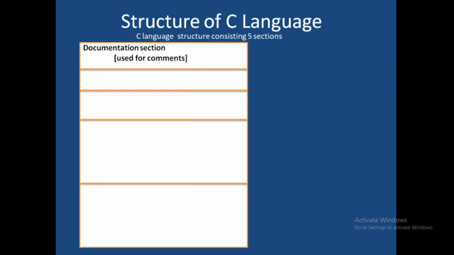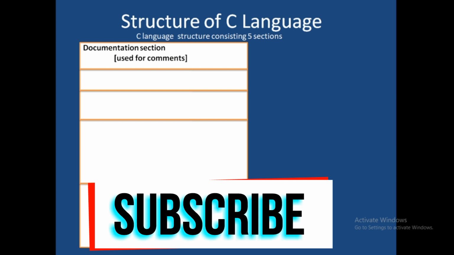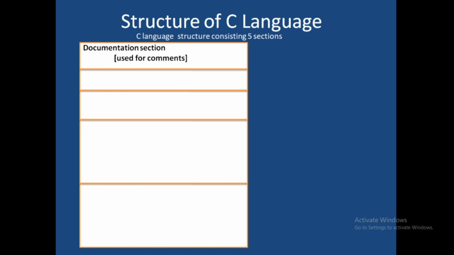We use this section to describe the C program: who the author is, why it was written, and what logic is implemented in the program. If you want to describe the program, we must use the documentation section, which is only for comments by the programmer.